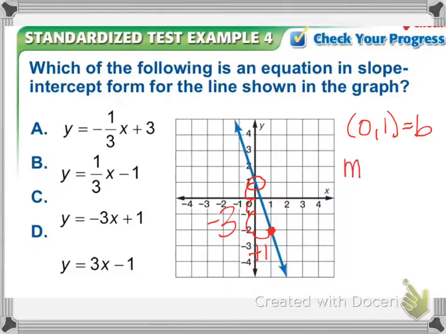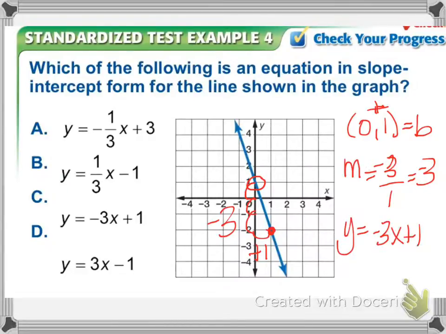So your slope is negative 3 over 1. Okay, you can also just say negative 3. That's also fine. So then you come over to your list, okay? Now remember, b is positive 1. That's positive 1 right there, okay? So you're looking for y equals negative 3x plus 1, and so hopefully you chose that one.